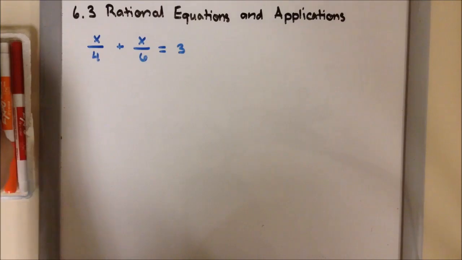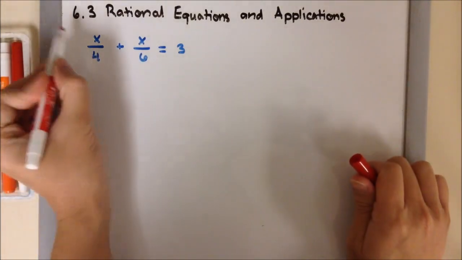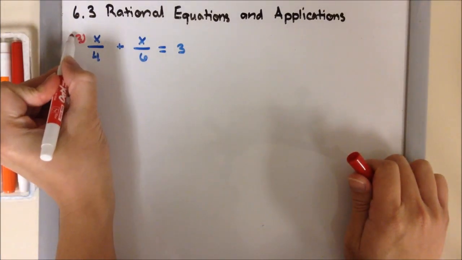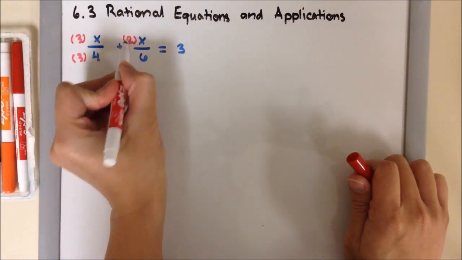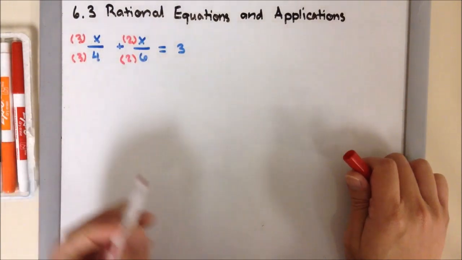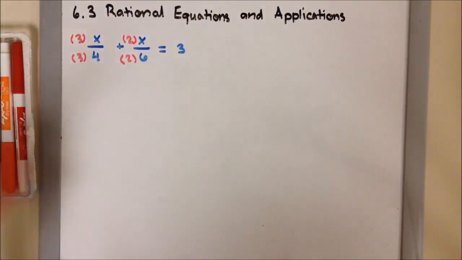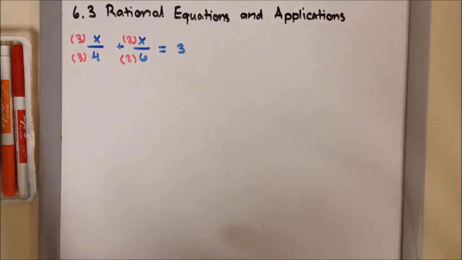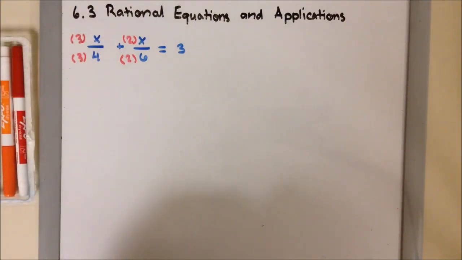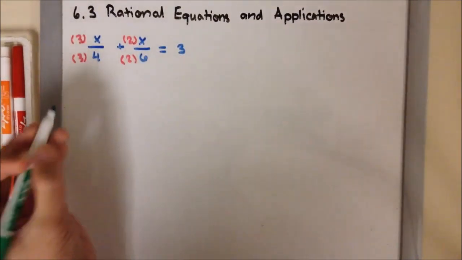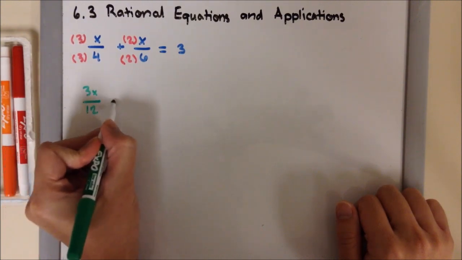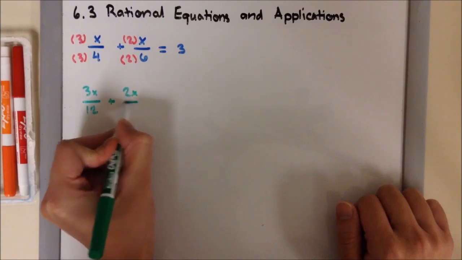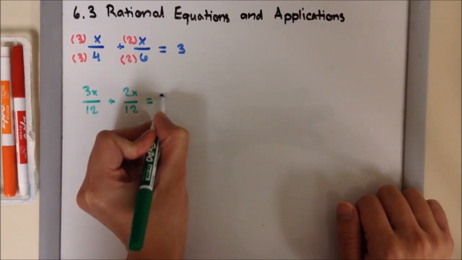In order to get 12, I would multiply by 3 on the first fraction, to the numerator and denominator, and then by 2 on the second fraction, to the numerator and denominator. When I multiply, the first fraction becomes 3x over 12 plus 2x over 12 equals 3.